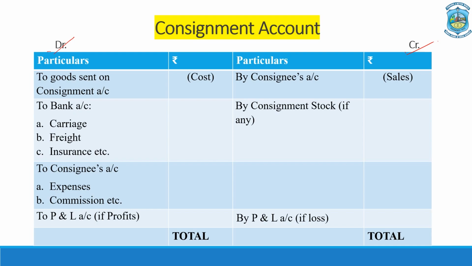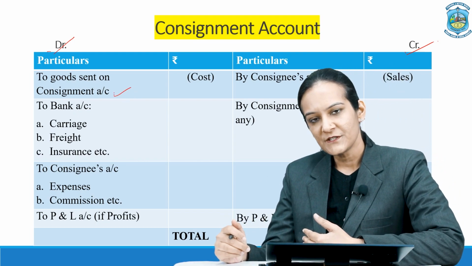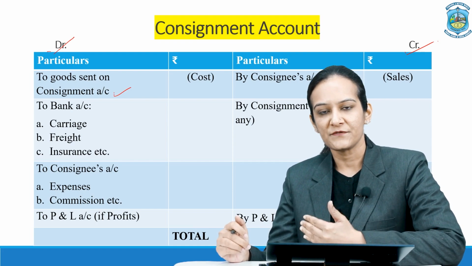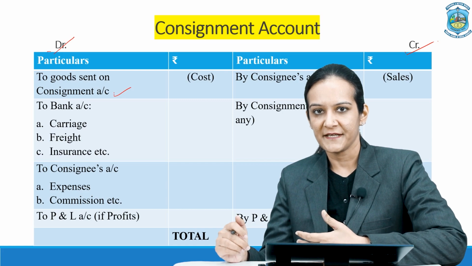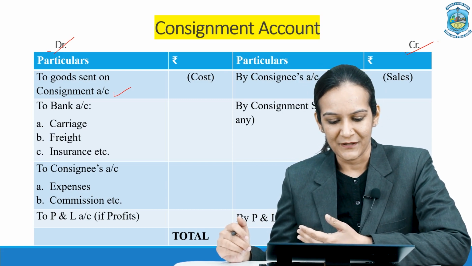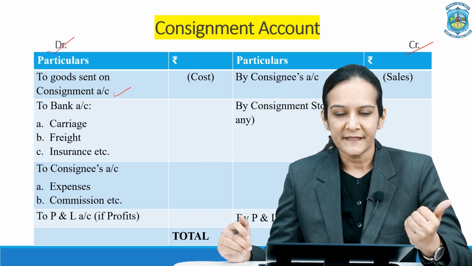Now at the debit side, the first item is 'To goods sent on consignment'. Remember, what was our first entry? Our first entry was where the goods are transferred by the consignor to the consignee. So the entry was consignment account debit, to goods sent on consignment. So it will come at the debit side.